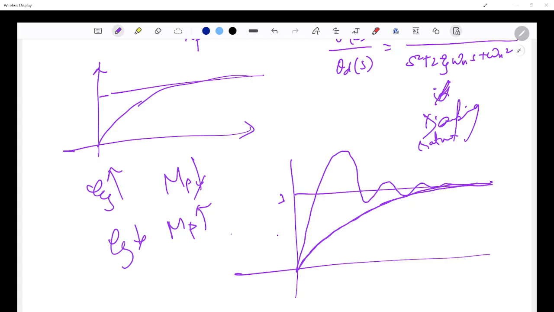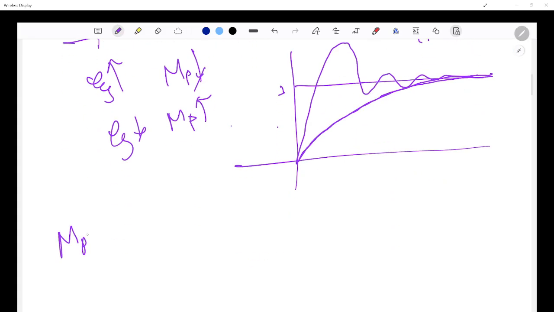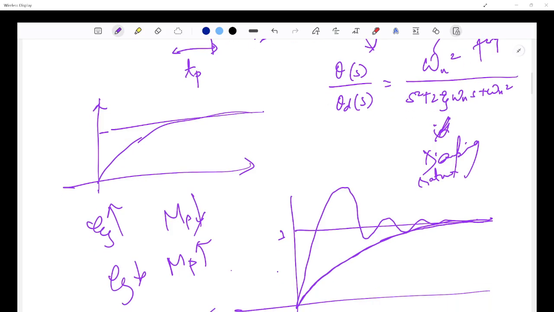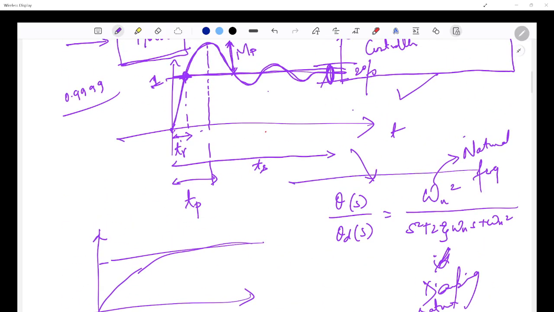Okay. If you study the formula, the maximum peak overshoot is e to the power minus zeta pi upon under root 1 minus zeta square. This is how it is defined, and this is a very important transfer function of a second order system.